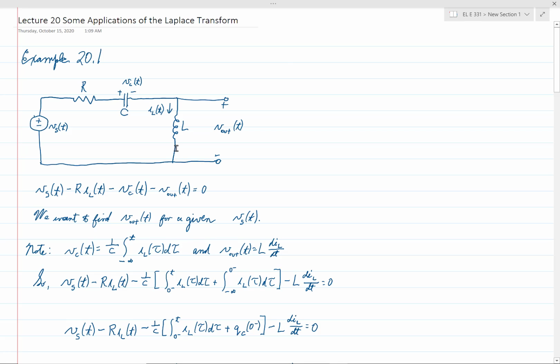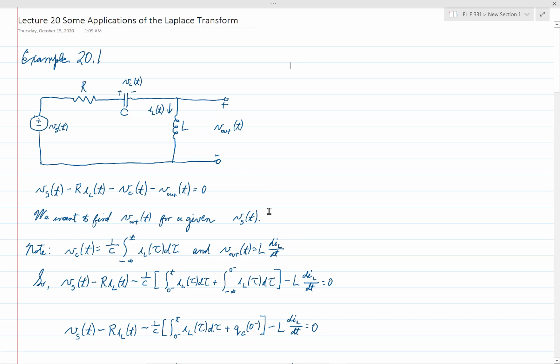Notice that IL is the current flowing down here, but that's the current everywhere in this problem. So Vc of t is 1 over C times the integral over all time of IL of tau d tau. On the other hand, V out is L dIL dt.